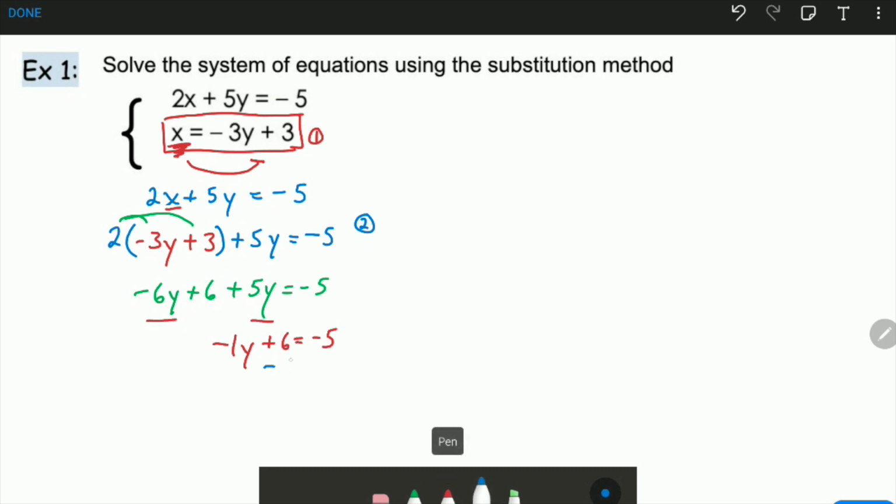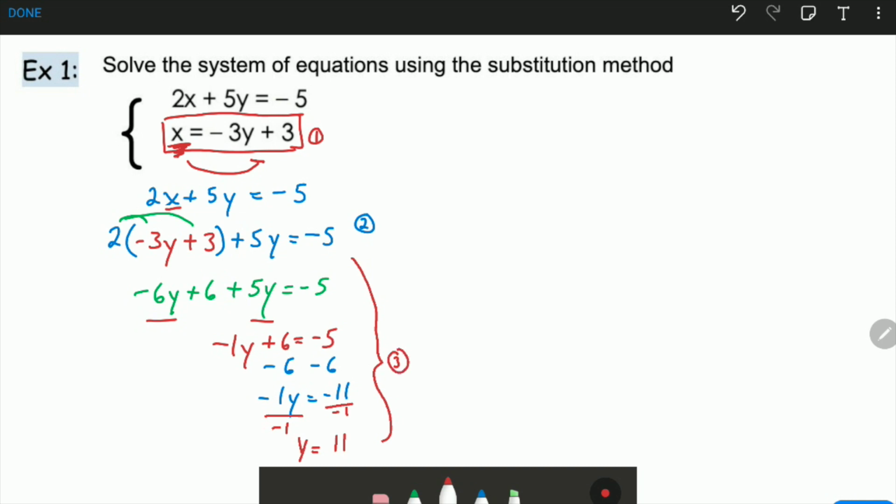And then solve. So subtract 6. We get -1y equals -11. And divide by -1. So y is 11. And all of this solving process will be the third step.